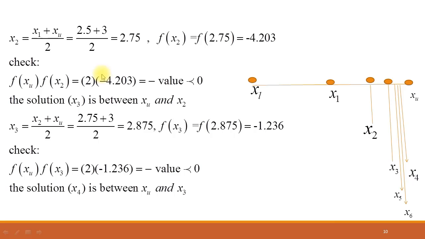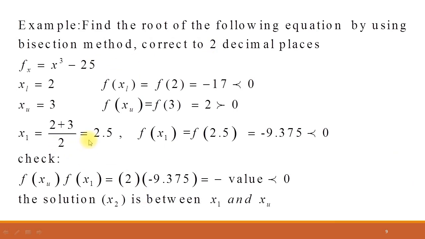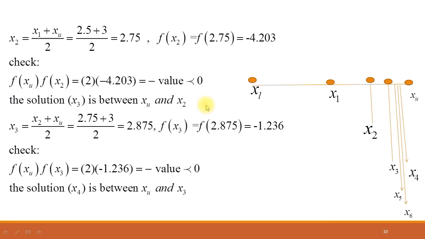In the previous slide, you see the function has negative sign at x1 and opposite sign at xu. So the next root x3 lies between xu and x2, because the function has positive sign at xu and negative sign at x2.